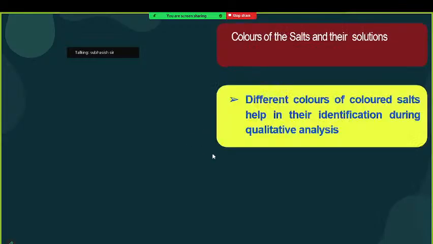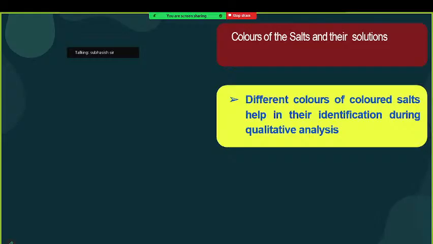We follow a particular list where the different colors of the salts can help with identification during qualitative analysis.